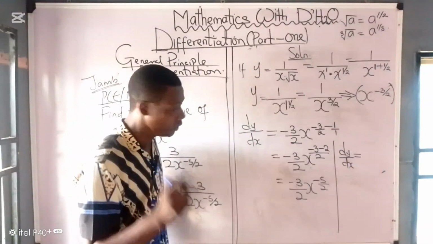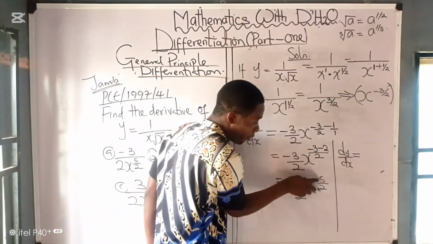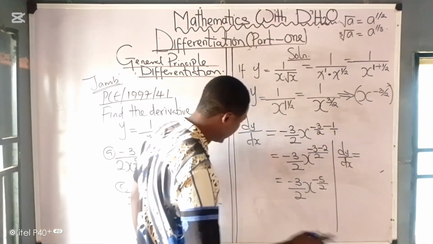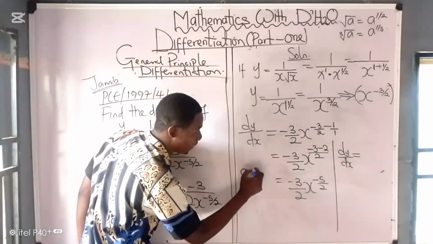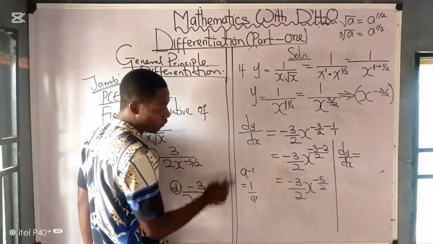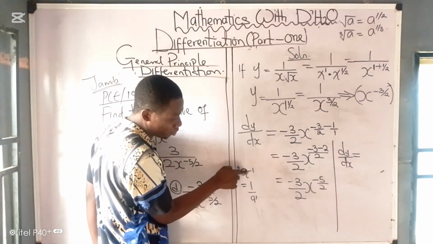Watch this carefully. You have x raised to the power of minus 5 over 2. So if you remove this minus, this number will become the denominator. In indices, if I have a raised to the power of minus 1, it will become 1 over a raised to the power 1. So if the number comes down, the minus sign will disappear.